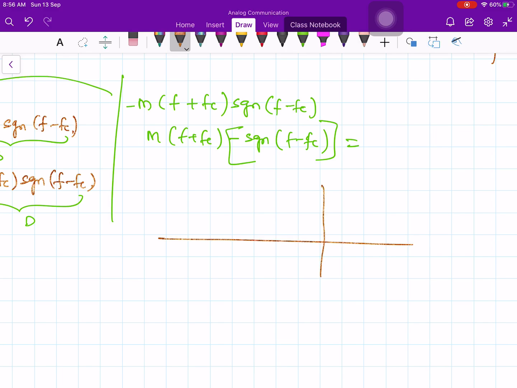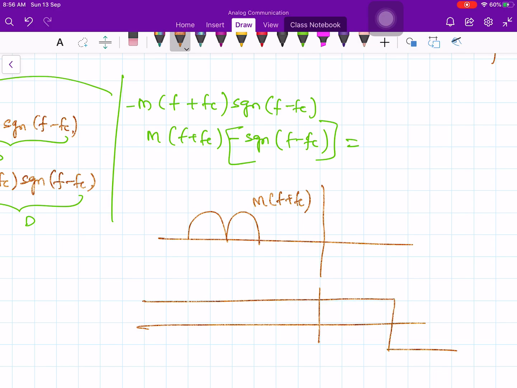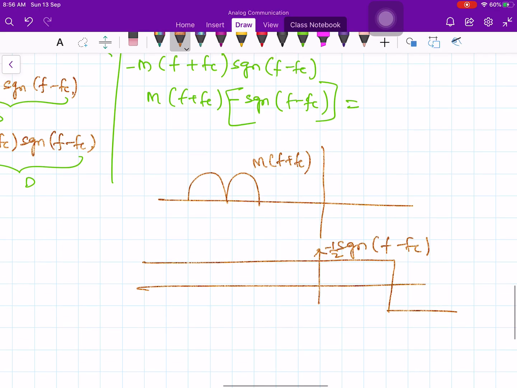What is this? M of f plus fc, then signum of f minus fc will be like this. Now you multiply, this is my signum of f minus fc minus 1 by 2. For the time being, let us forget about this minus 1 by 2. Then multiply signum of f minus fc times m of f plus fc. So in this portion, this is constant.